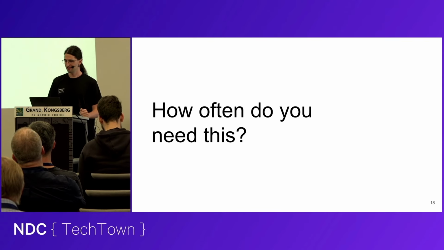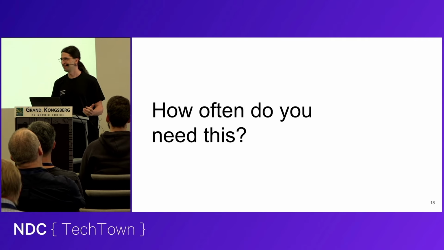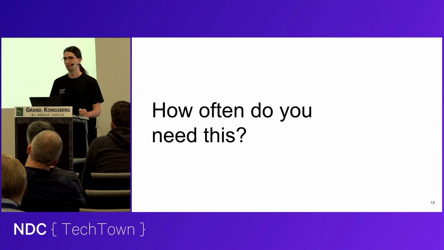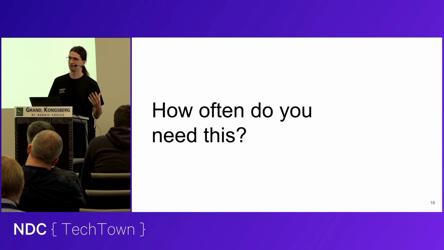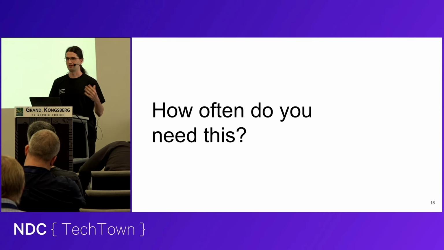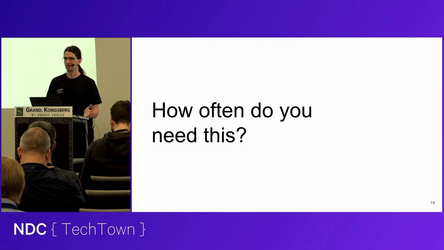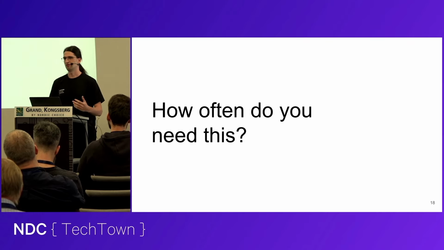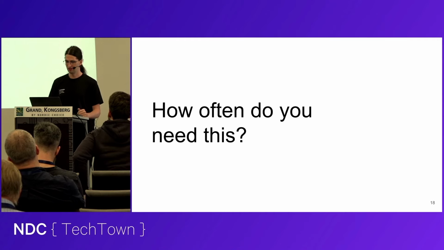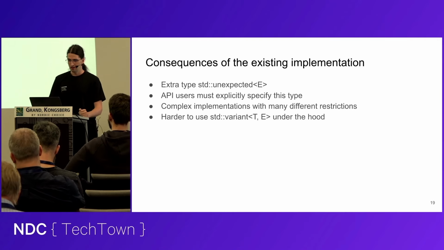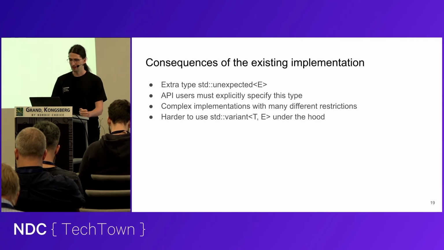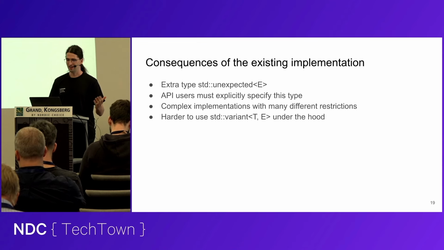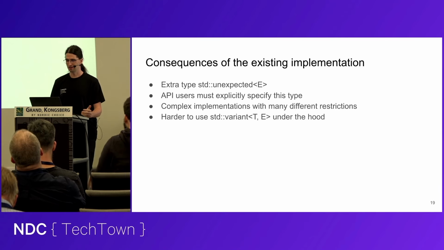But the question is, do you really need it? From my practical experience, if this is the case, it's either you experimenting with something or doing something probably wrong with your architecture, because the error type is usually a strong type that is defined for your library or on component level. The consequences of the existing implementation: we have an extra abstraction for unexpected.